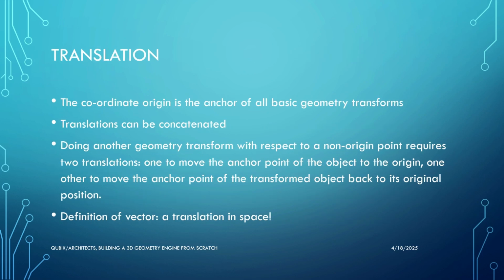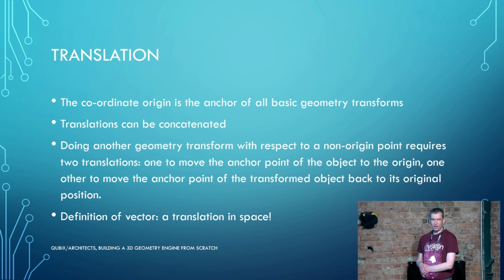Translation is maybe the easiest one. You define a point in the space, which is the anchor of all geometry operations. Those translations you can also concatenate, and all the other geometry transforms are being set with respect to the origin.